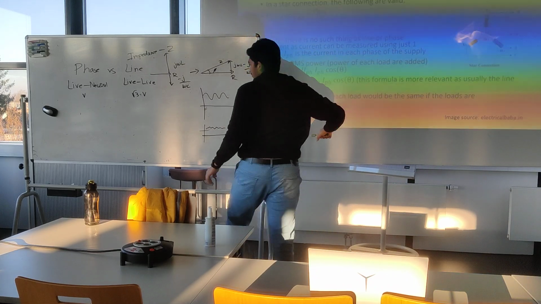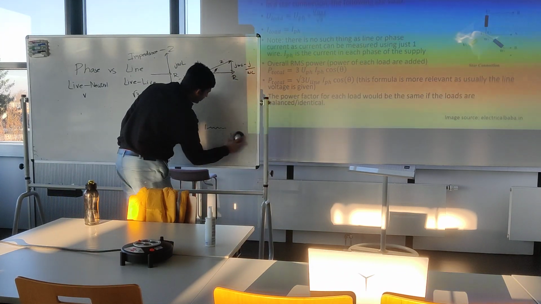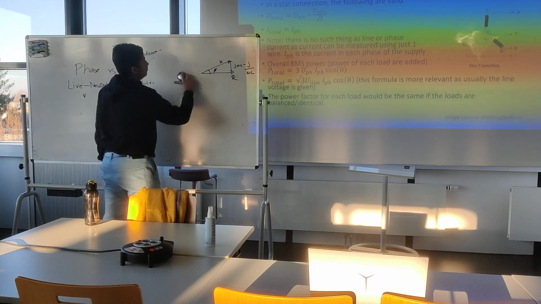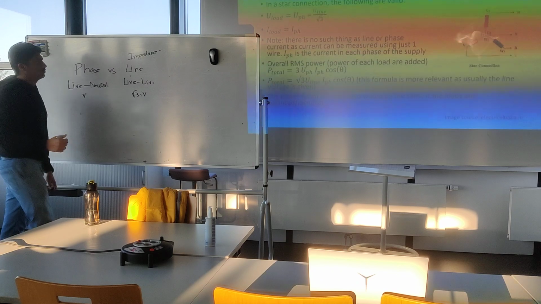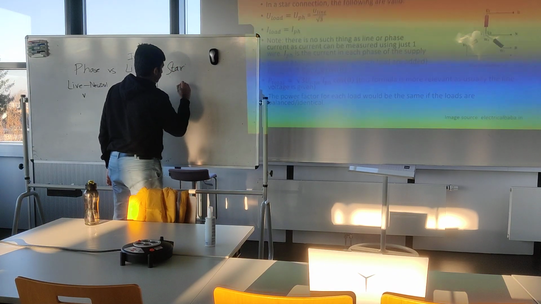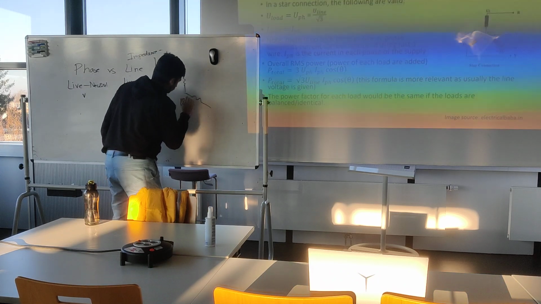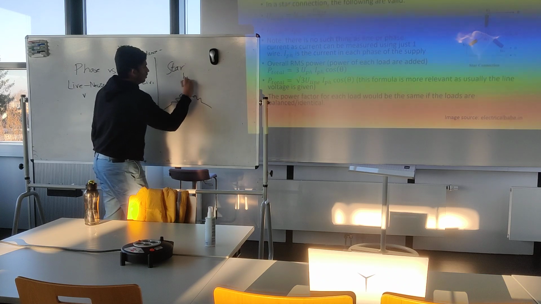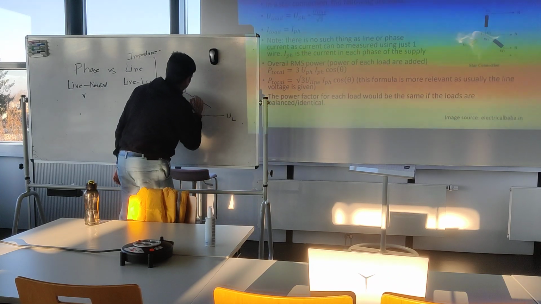Now let us look at this configuration. Imagine that this load is a purely resistive load. What would be the power across it? We have star, the resistance R, and UL.